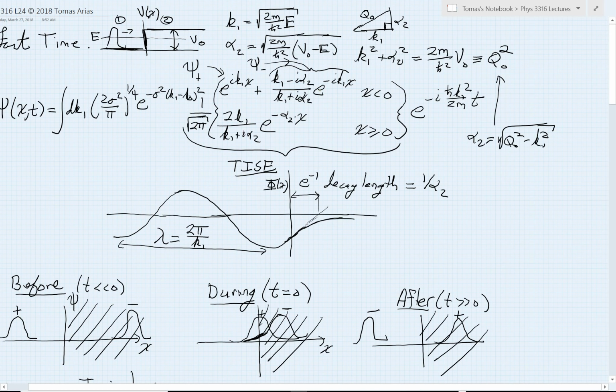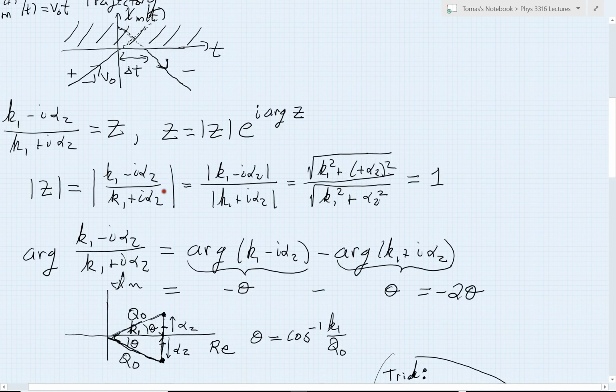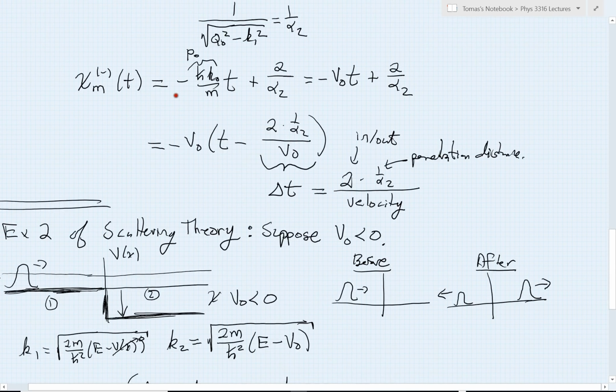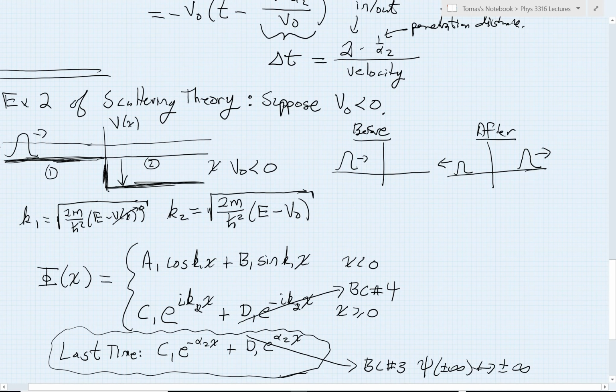And in fact, if you think about it, all of the algebra I'm about to do will be exactly the same, right? The only difference in this algebra, I called it A1 and B1. There's the cosine and the sine. There's the C1, right? The only difference in the algebra that I'm about to do is that now, every time where in the past I had a minus alpha 2, now I will see a plus ik2.